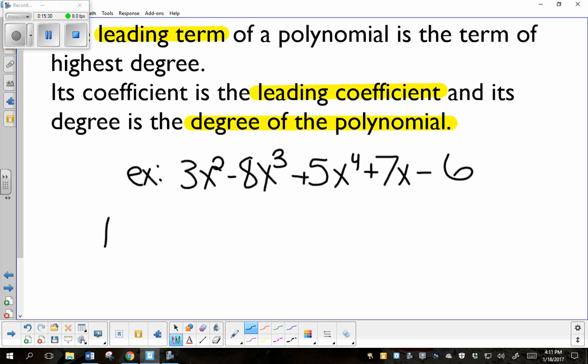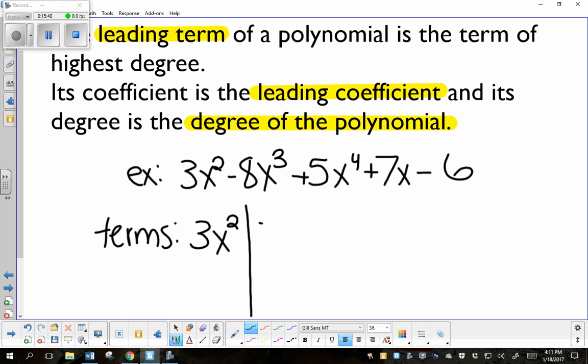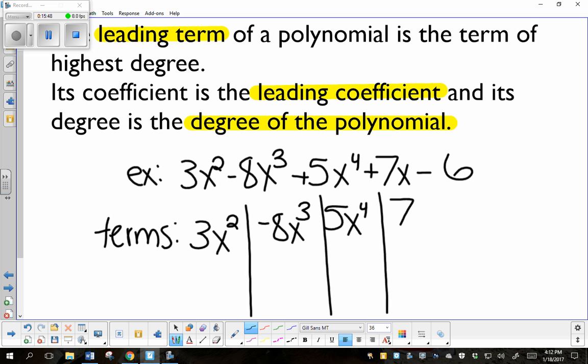I'm going to list out all the terms in this polynomial. So the terms I have are 3x squared, negative 8x to the 3, 5x to the fourth, 7x, and negative 6. Those are all the terms of that polynomial.